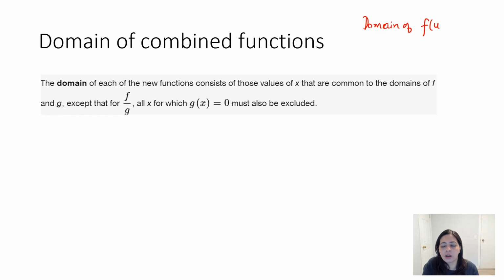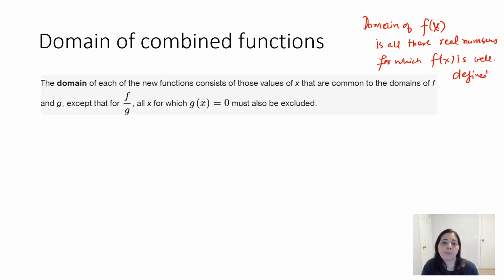The domain of a function f(x) is all those real numbers for which the function is well defined. It means if you plug in a specific value and the function becomes not defined, that point cannot be in the domain. So the domain is coming from the set of real numbers. It is all those real numbers which make the function well defined.